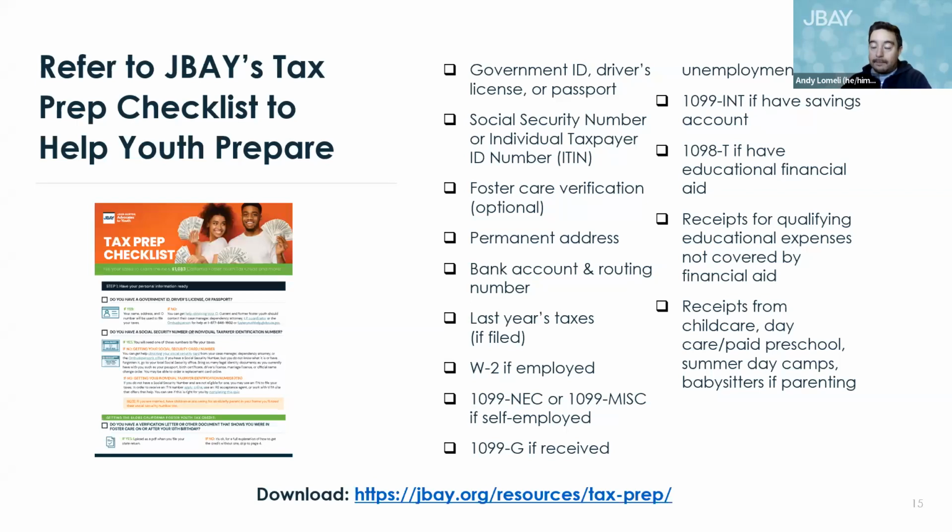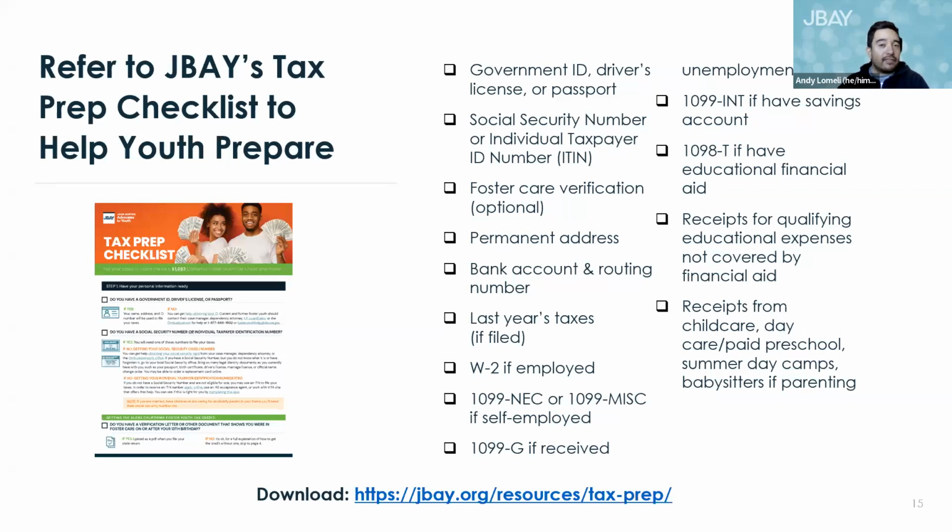If you were employed by an employer, in that case, you want to have your W-2. All employers are required to have that W-2 mailed to you in January. And again, we're getting into the weeds a little bit, but if the youth moved or had an updated address, they're going to want to reach out directly to the employer to get that W-2.